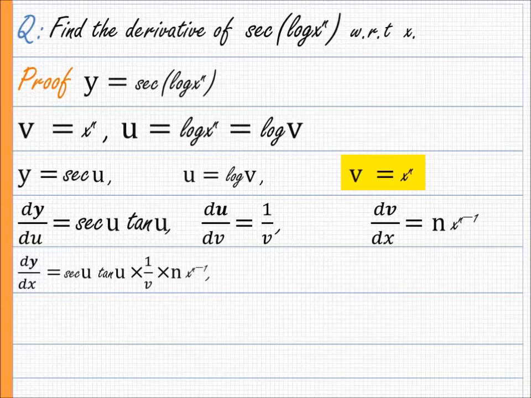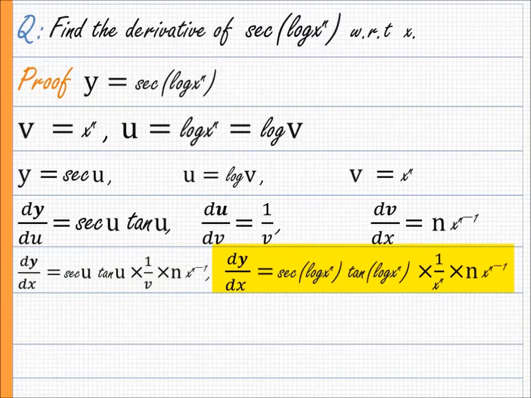So substituting the value of u and v into this equation, then dy upon dx becomes secant of log of x raised to the power n into tangent of log of x raised to the power n into 1 upon x raised to the power n into x raised to the power n minus 1.